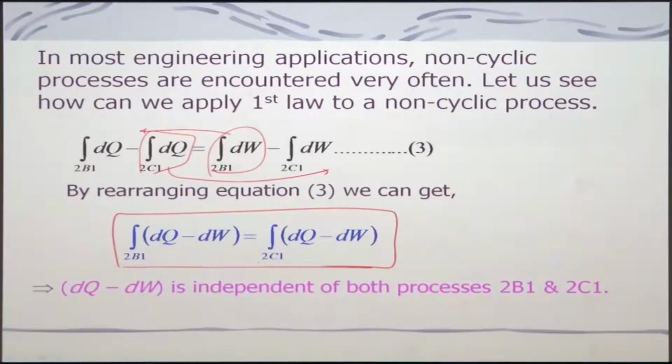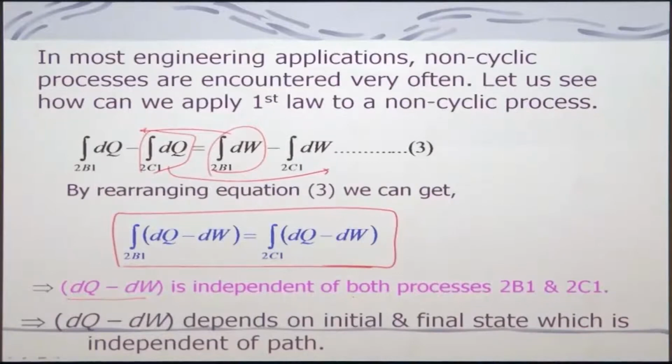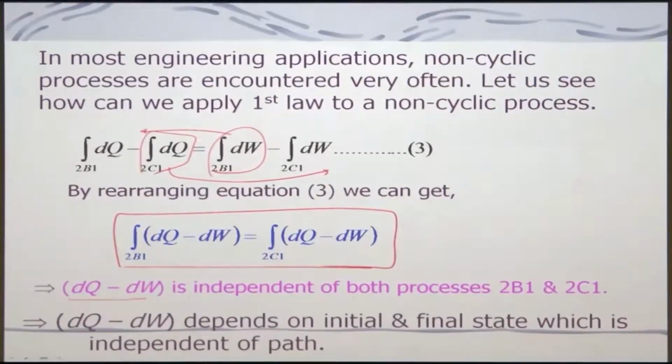This term, the heat minus the work, is independent of both processes 2b1 and 2c1, and we can call it a point function or a property of the system, right, because it depends only on the initial and final state. It does not depend on what path it takes, whether path B between the state 1 and 2, or C or D, whatever it is. We have of course considered only 2 paths, and this property is basically the internal energy, right.